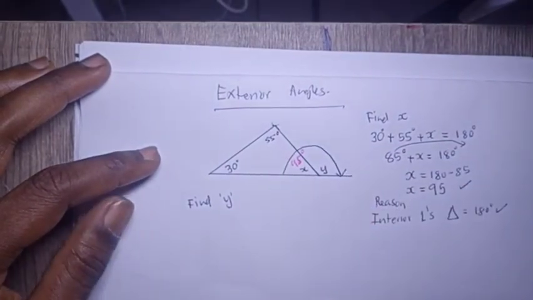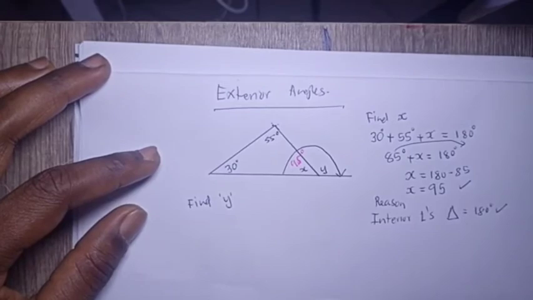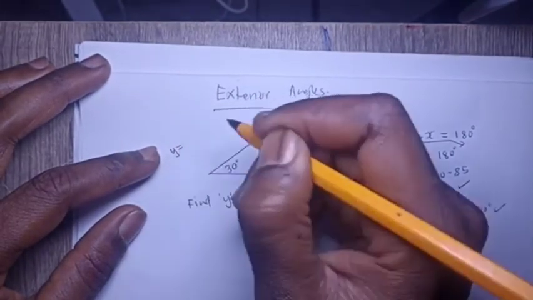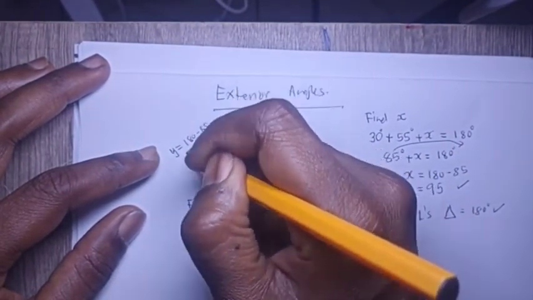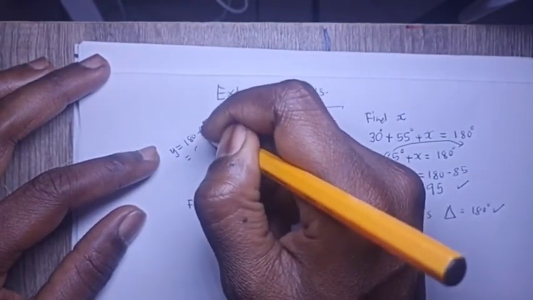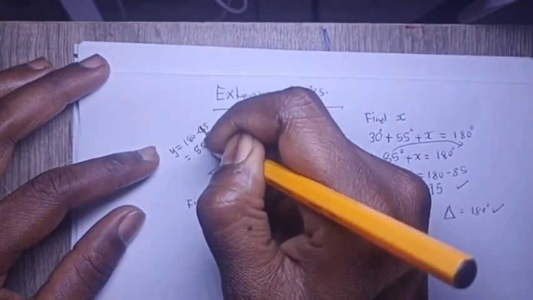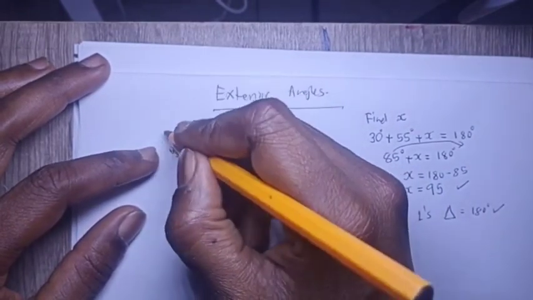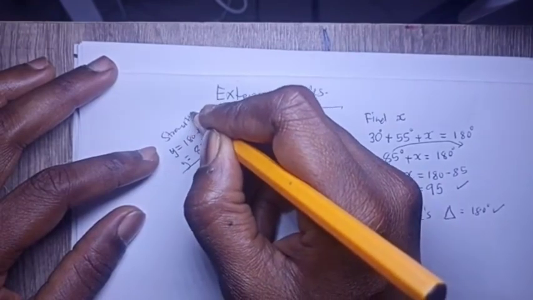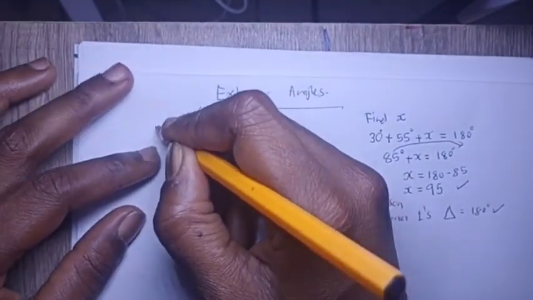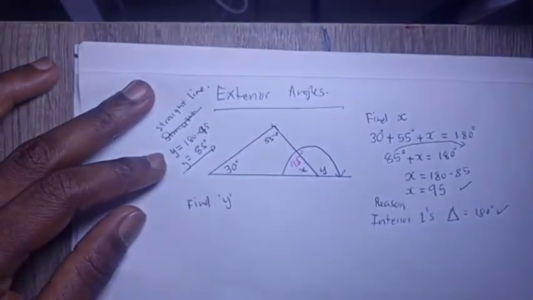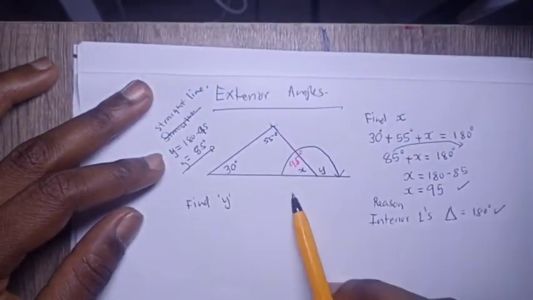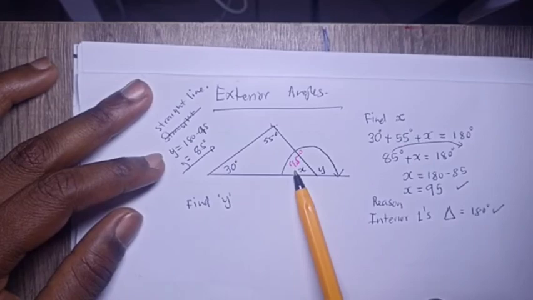You can use angles on a straight line to find it. 180 minus 95, you actually get Y as 85. So 180 minus 95 is how much? Sorry, it's 85.